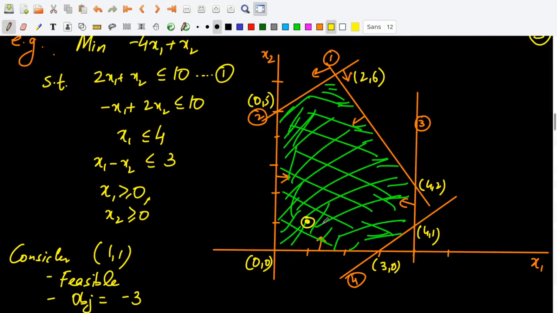So with a little bit of thought, it is easy to see that a line of roughly this shape will have objective value -3. Okay, so you pick any point on this line.